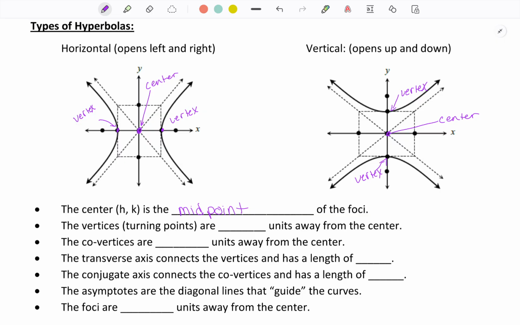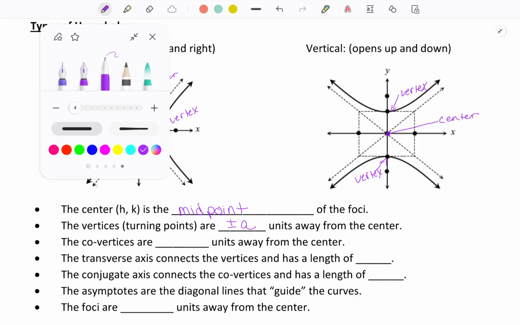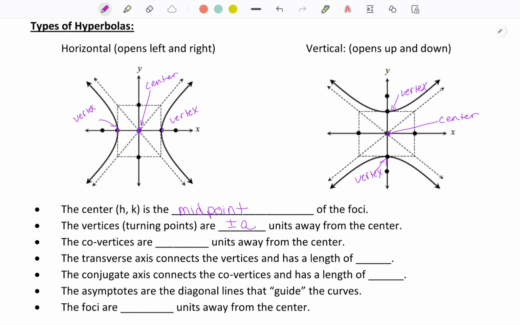And those vertices are going to be plus or minus a units away from the center. Now, in this case, your vertices are going to be in between the foci and the center, because the foci are actually inside of your curves.